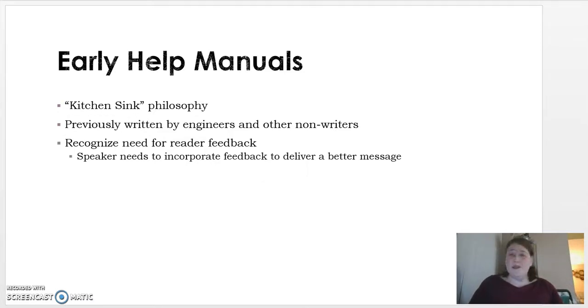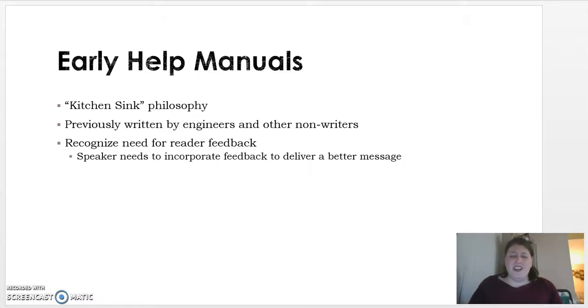So it's any information that the company developing that product had. And oftentimes the writer was not a technical communicator or a technical writer. It was someone who was maybe working on the project or the product, maybe an engineer. So it might not be someone that has the best grasp of how to communicate the information, but it was someone that knew the product well enough.